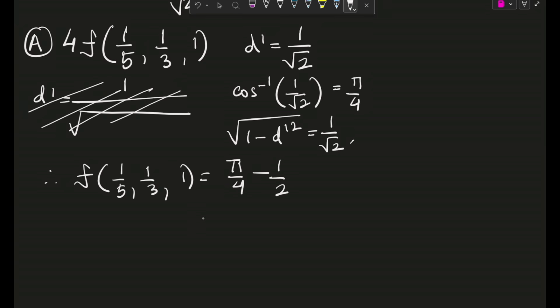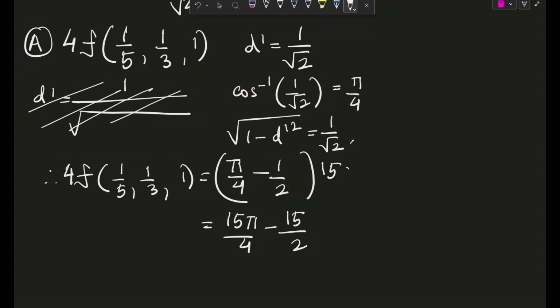When you multiply this with 15, it was 15 times, right? So 15 pi by 4 minus 15 by 2. And they have also said to multiply this with 4, so multiplying with 4, this comes out to be 15 pi minus 30. I guess this was given in option number A, so option number A becomes correct.